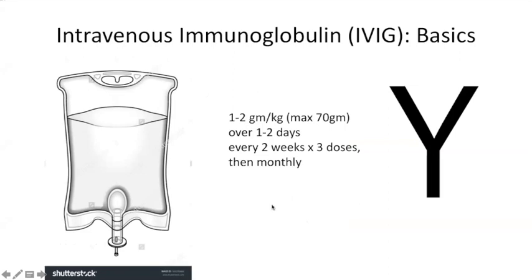And because it takes a long time, sometimes the dose is split into more than one day. And as Dr. Curran had shown in the consensus treatment plans, or CTPs, in general, it can be started at 1 dose given every 2 weeks for 3 doses, and then monthly. But there is some variation in this based on how someone responds to it and how severe their disease is.